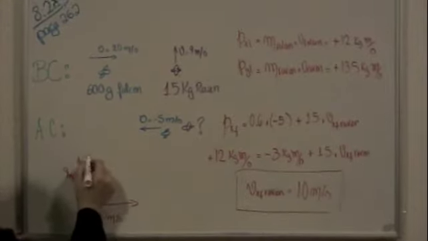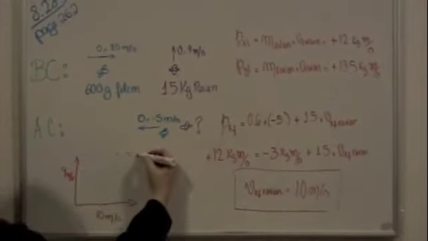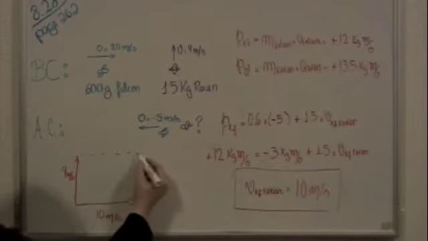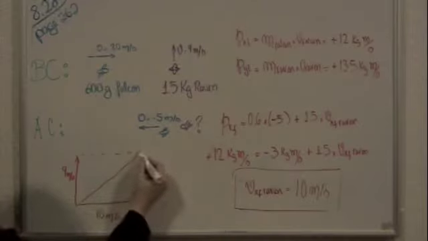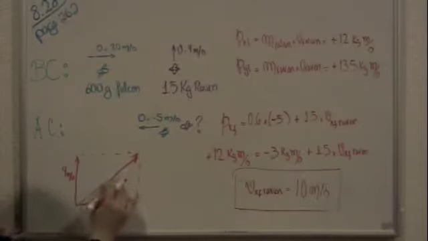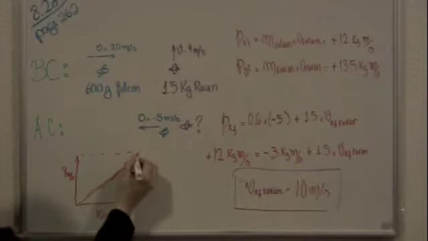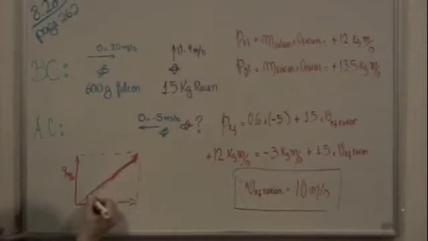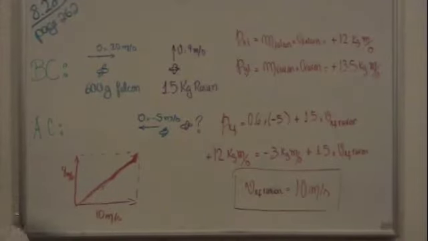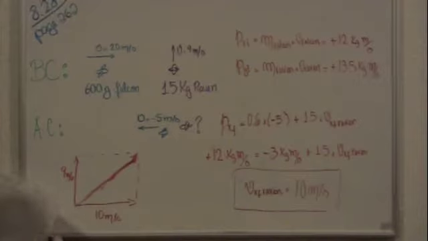So the total velocity of the raven is the hypotenuse of this triangle. That's what you get when you don't have a ruler. There you go.